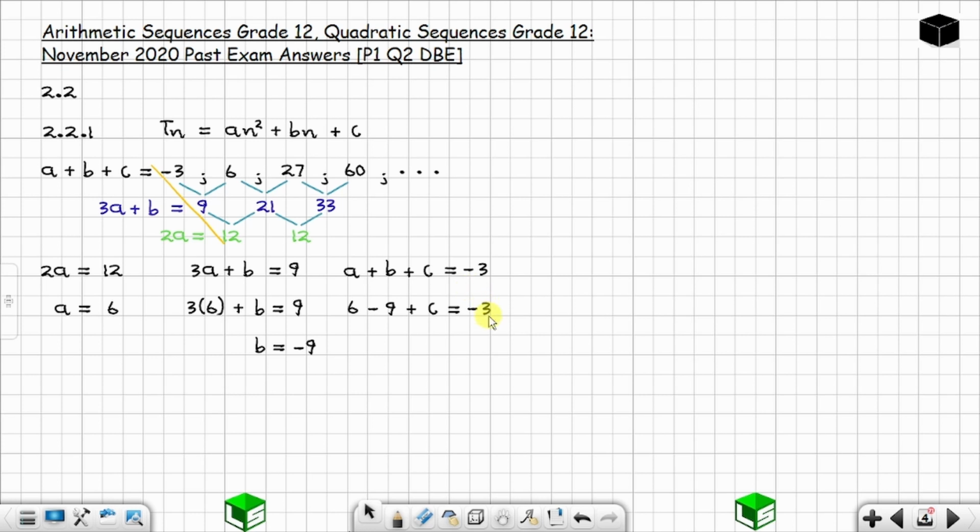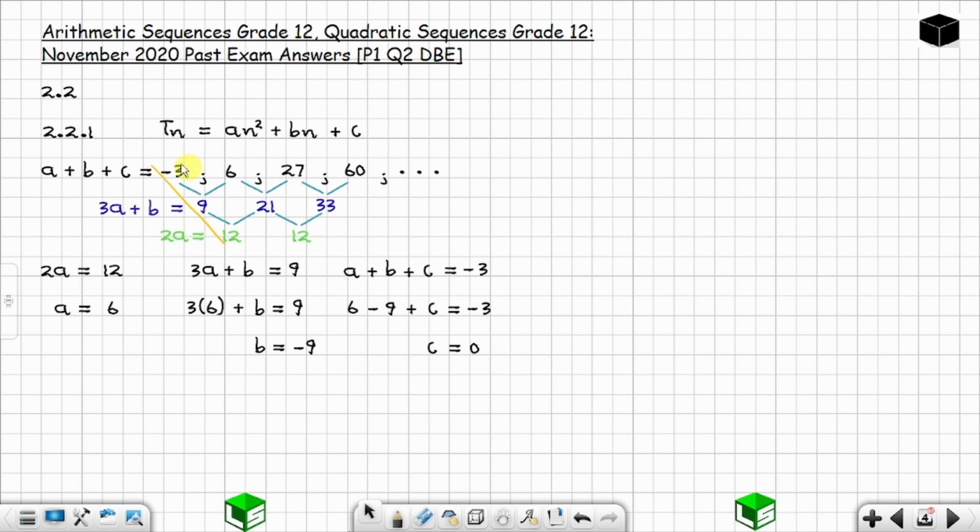You bring it to the other side, it becomes +3. So you have -3 plus 3, and so C is equal to 0. I hope you can see that. So you have solved for A, B, and C.